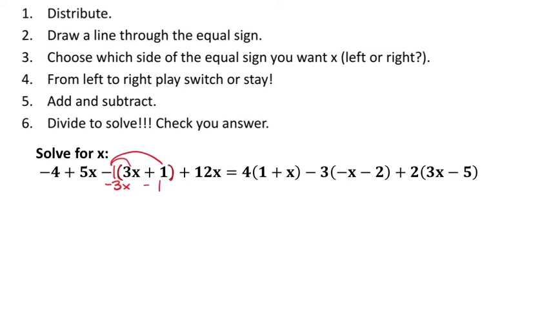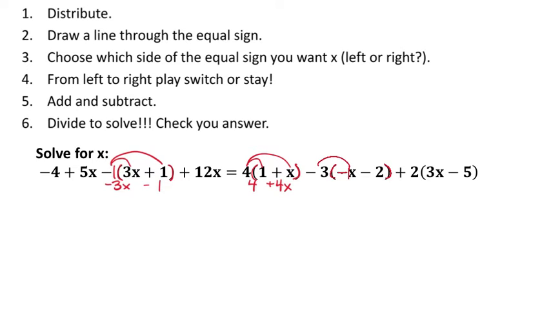Let's go to the next set of parentheses, which is 1 plus x. Here I can see clearly that I'm distributing 4. Remember, distribution is multiplication, so I would start with 4 times 1, which is 4. And then 4 times x, or 4 groups of x's, would be positive 4 x's. Now the next set of parentheses, I've got this set of parentheses here, and I'll show this as negative 1x minus 2, just so I know what I'm multiplying by.